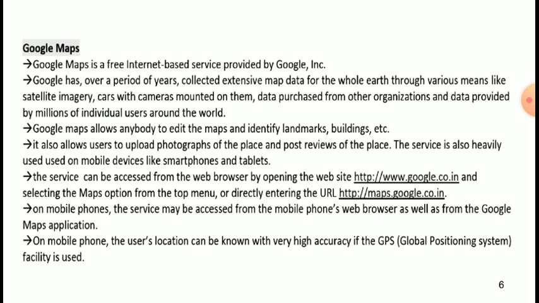On mobile phones, the service may be accessed from the mobile phone's web browser as well as from the Google Maps application. On a mobile phone, the user location can be known with very high accuracy if the GPS, that means Global Positioning System, facility is used. So that is Google Maps.